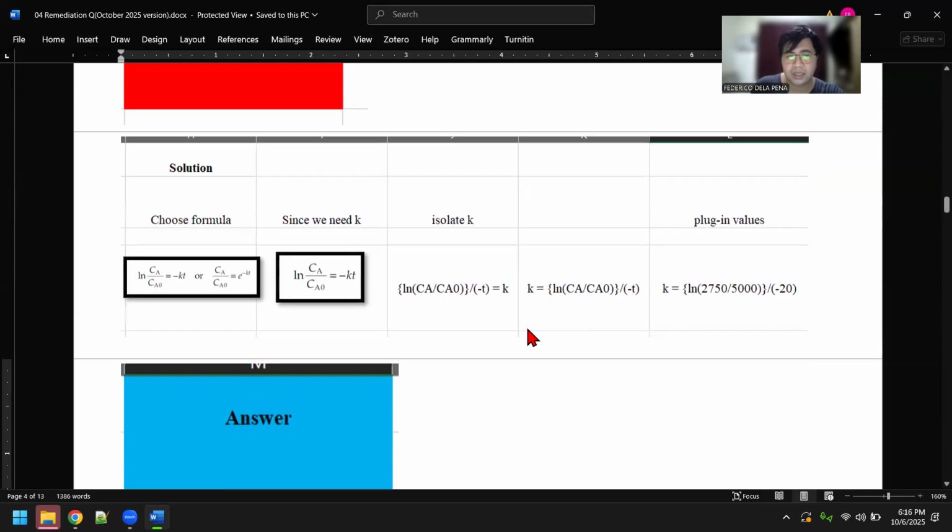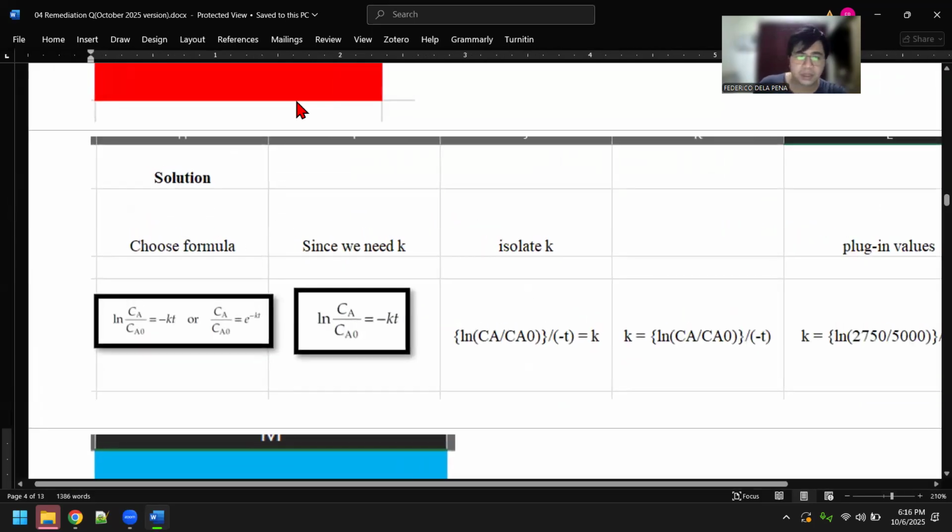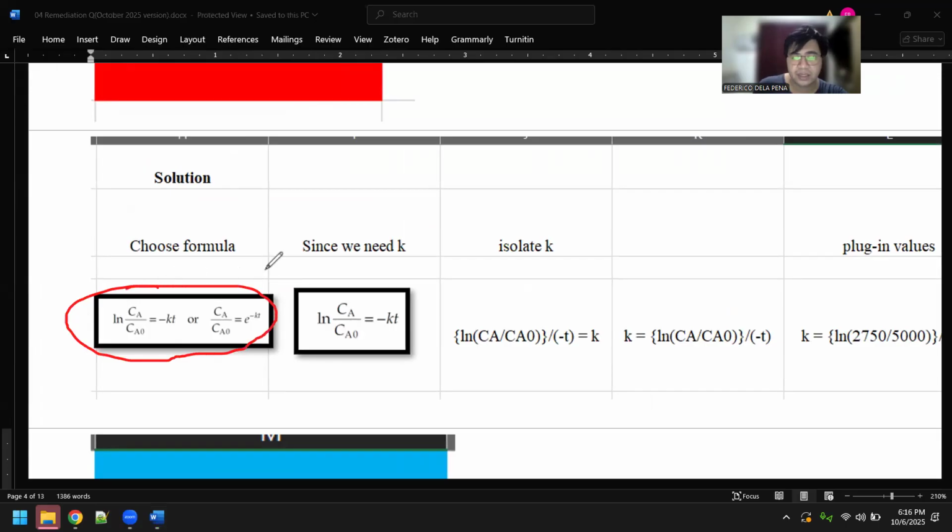Then essentially the solution is to go back to the formula. We just need to isolate K, and it's actually more convenient to use this first form of the equation. So first we isolate K, and then we just flip the equation.